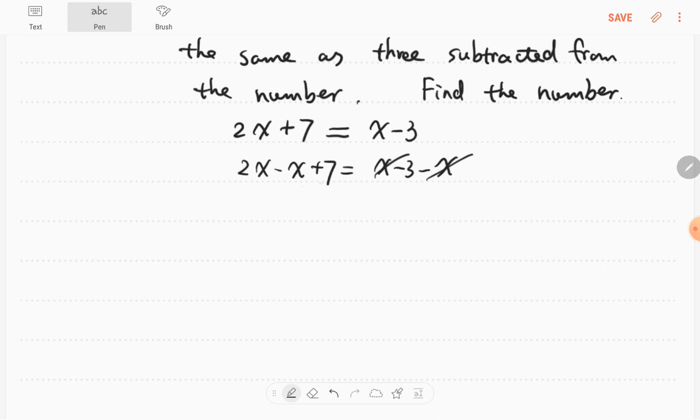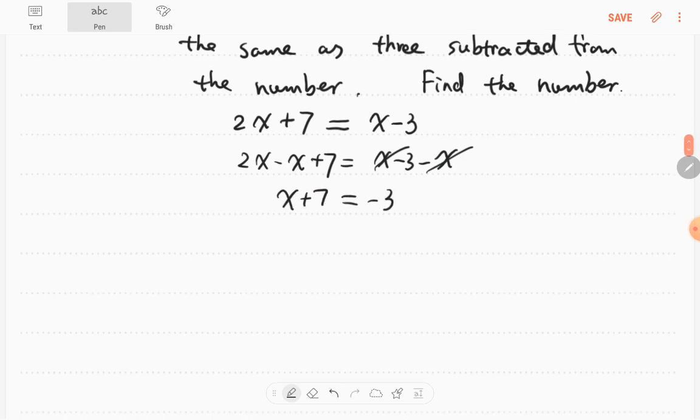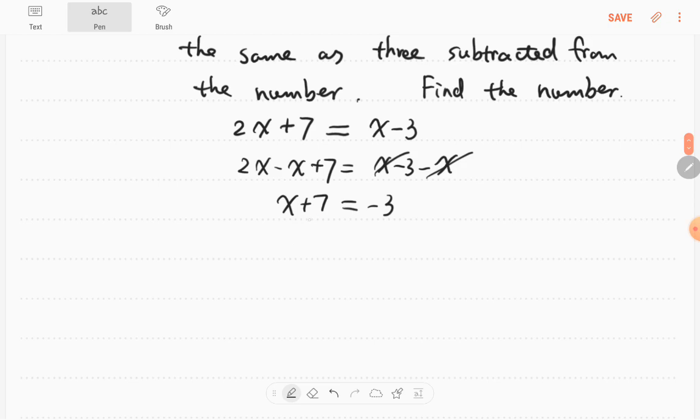Then we will have 7 equals negative 3. Then both sides minus 7. We will finally get x is equal to negative 10. Right? We solve this problem.